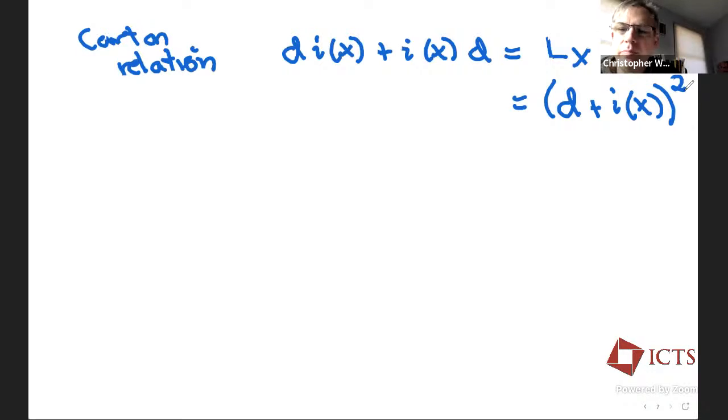And the cross term is the only thing that can possibly not vanish, because d squared and i_X squared are both 0.